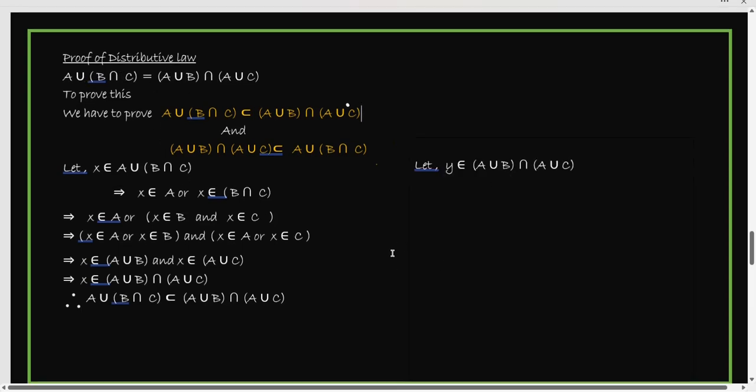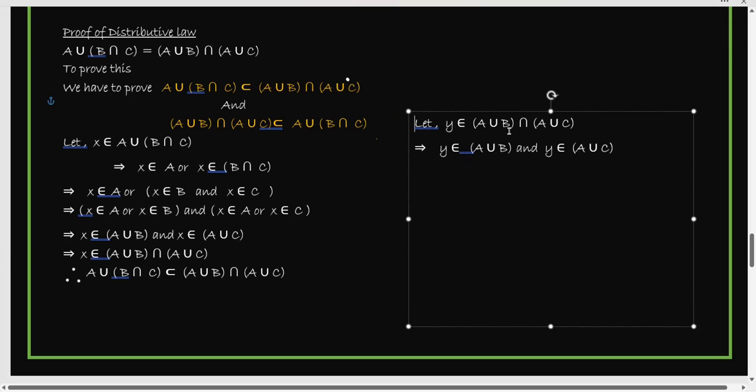So we'll see, let Y be an arbitrary element belongs to A union B intersection A union C. Exactly the same way we'll prove this set is a subset of the other one. Now we started with Y belongs to this set and that follows.